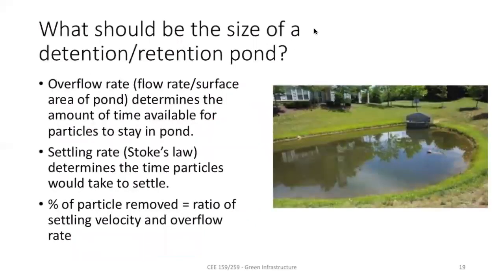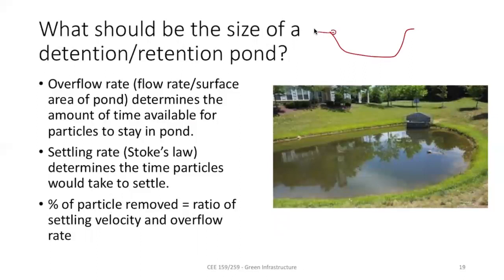But again, settling velocity tells how quickly things move downward. The idea of removal means the particles must settle before they have time to exit the system. So it is related to how quickly water is getting out of the system. That's what we call the overflow rate. Think of this as a detention pond.